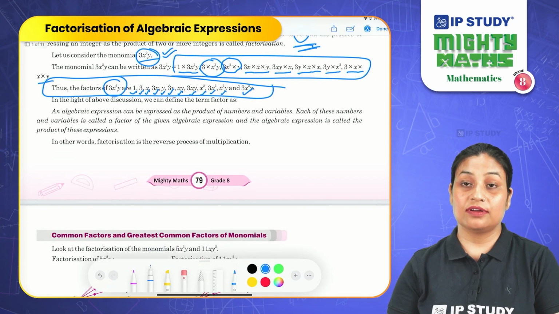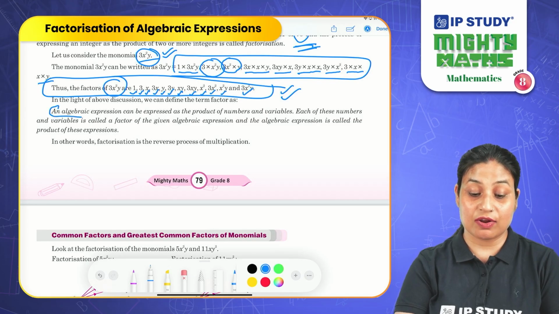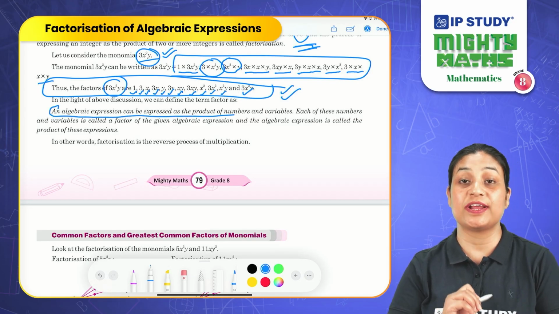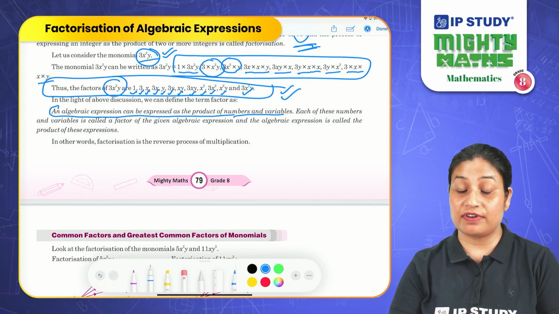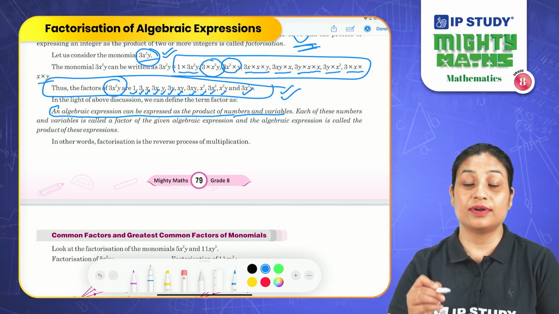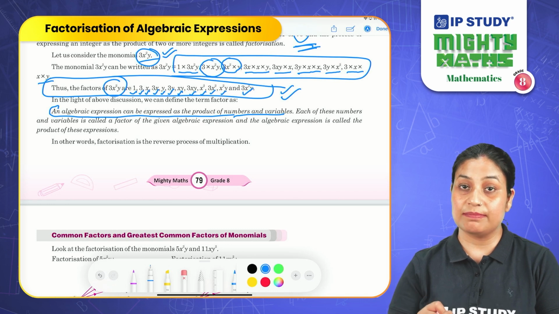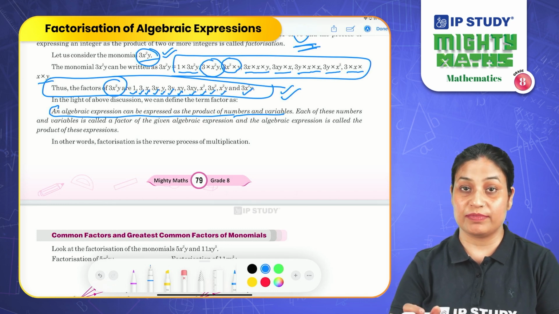Now, on the basis of the example that we have taken just now, we can say that an algebraic expression can be expressed as the product of numbers and variables. What we have done here, we have just written the product of the given number and the variable for a given monomial, right?